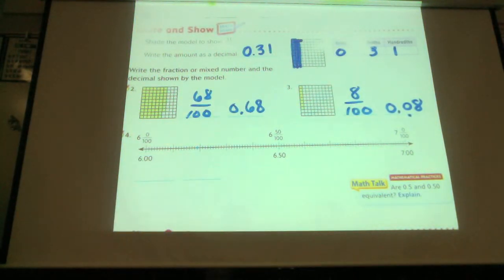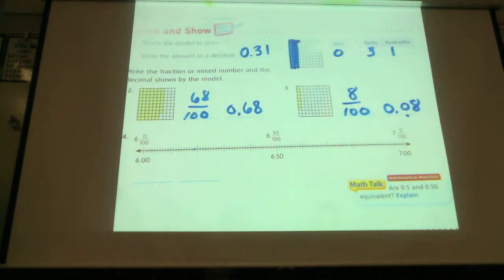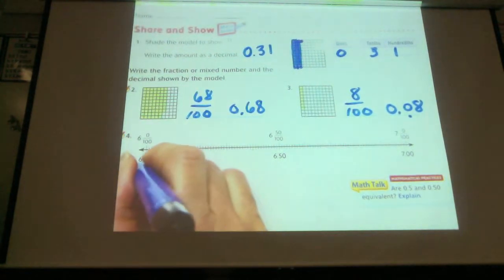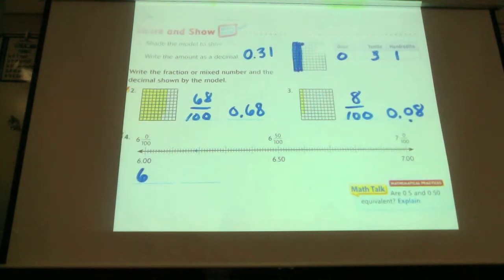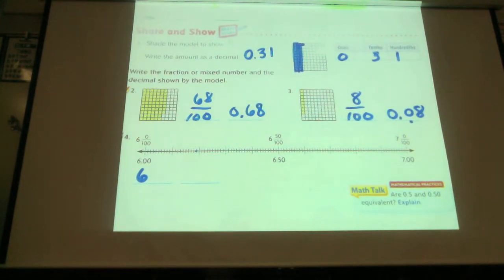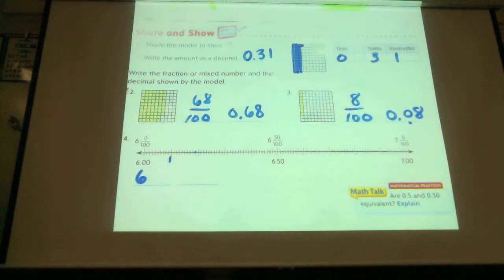On this one, I have a blue dot right here. Okay. I know that I have a whole number. What's my whole number? 6. Okay. Do I have at least 10 hundredths? Yes, because here's the 10 hundredths right here. Do I have at least 20 hundredths?